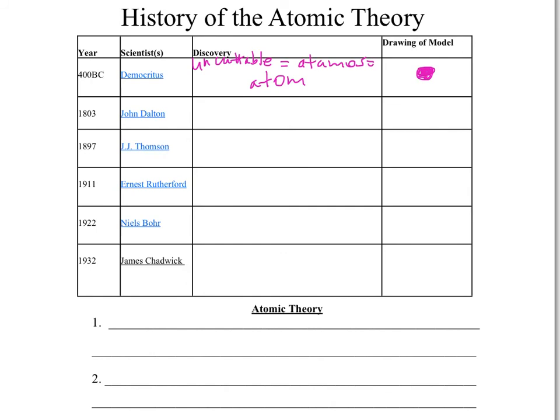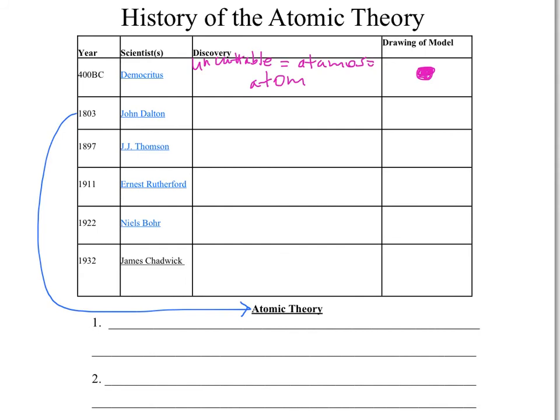Dalton, about 1400 years later, actually goes through and comes up with an atomic theory. So he's the one we're going to be talking about a lot. He has the 4 atomic postulates.